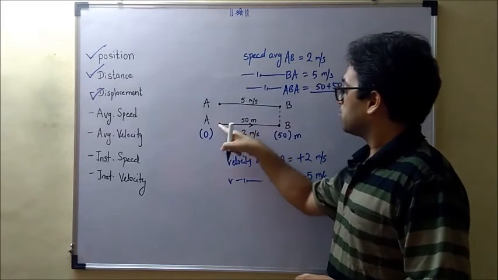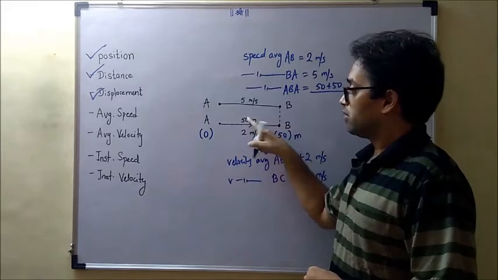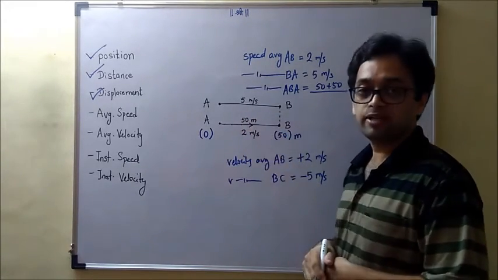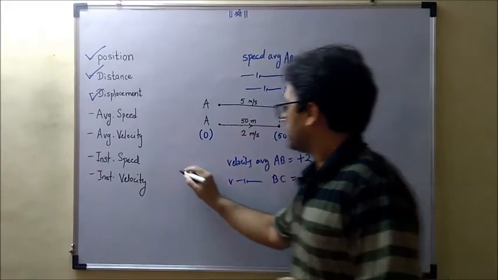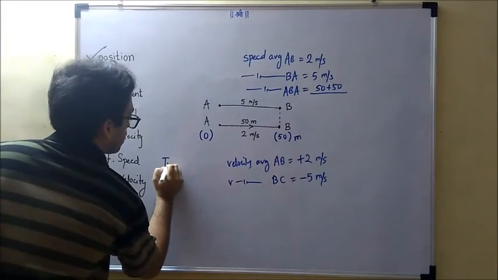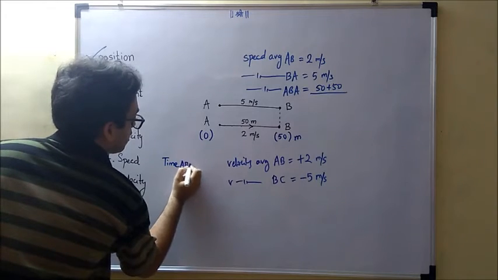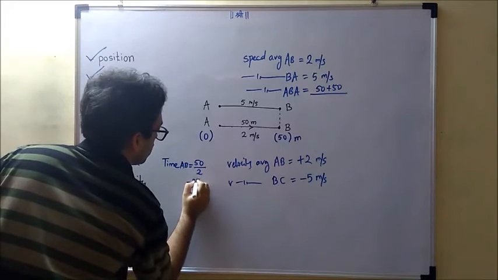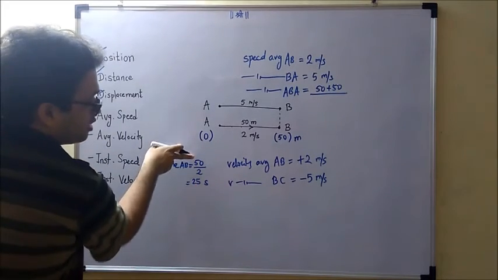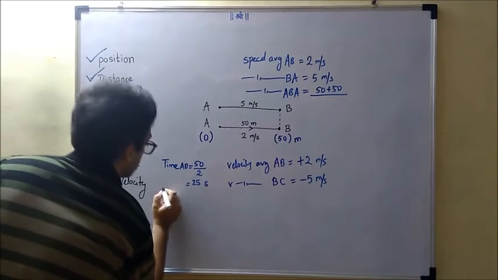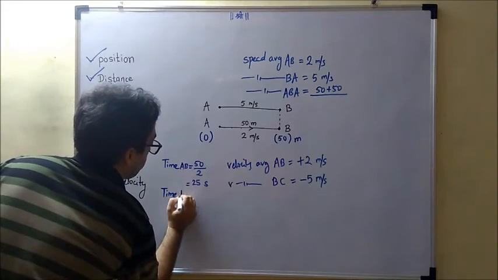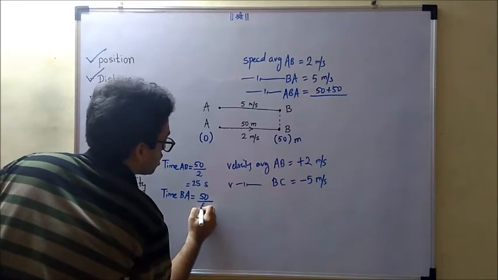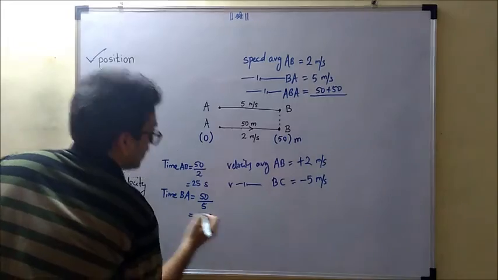Now what is the total time taken for A to B? We know that speed is equal to distance by time. So time is equal to distance divided by speed, right? So time for section AB is equal to 50 by 2, which is 25 seconds. Time for section BA will be equal to distance divided by speed, which is 10 seconds.